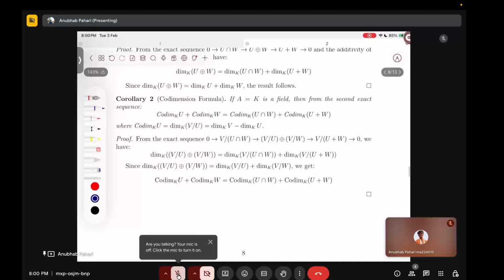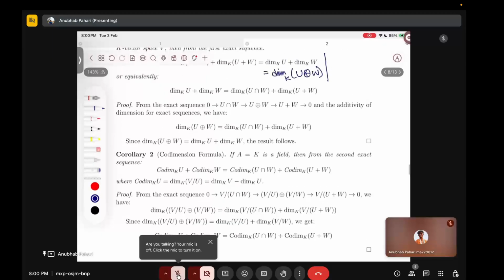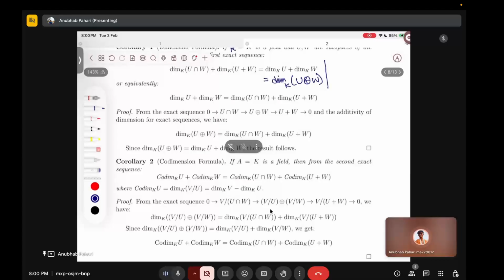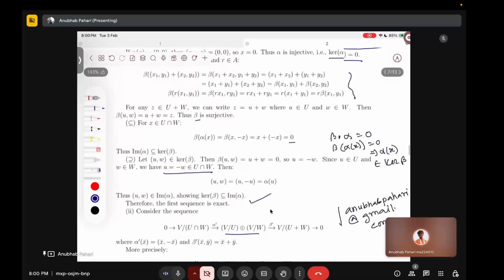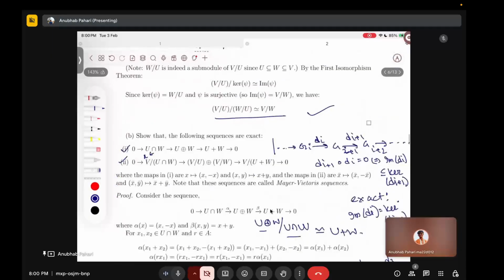Yeah, hi. So, did you look into it? It also follows from the second isomorphism theorem, the second short exact sequence.